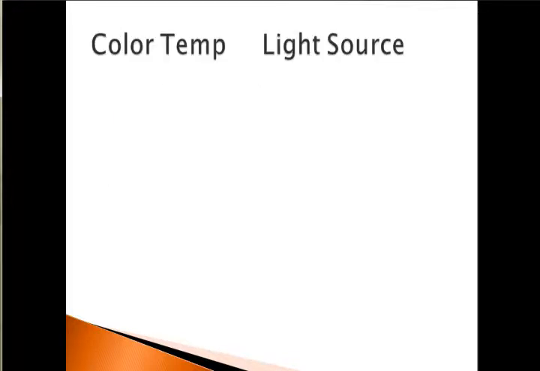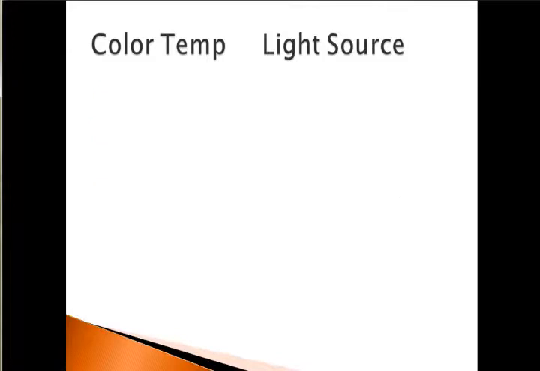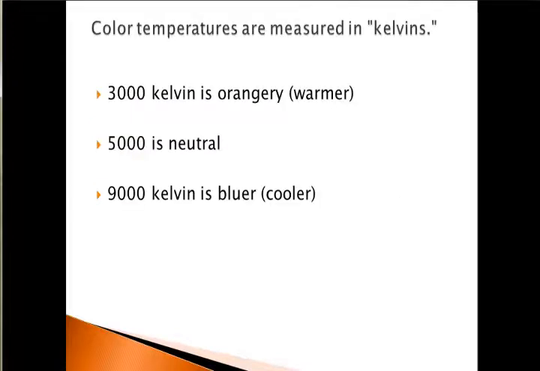So we have on the left column color temperatures, and on the right column light sources. These are the basic, most common light sources, and we remember here the lower numbers are more orange and the higher numbers are more blue.